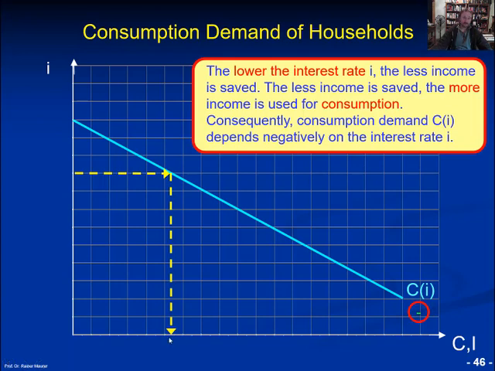And if the interest rate falls to this level, then consumption gets higher, up to this level. So the lower the interest rate, the less income is saved. The less income is saved, the more income is used for consumption.